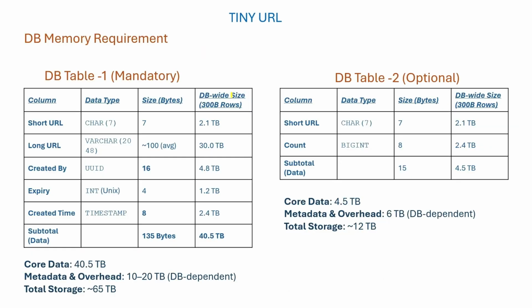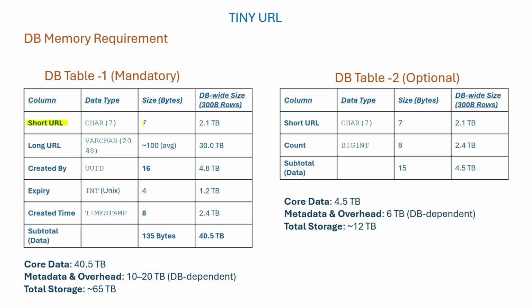So moving on, the next section would be the memory estimations, which is the total memory needed by our database. Assuming we have five columns in our mandatory table where the short and long URLs are stored.